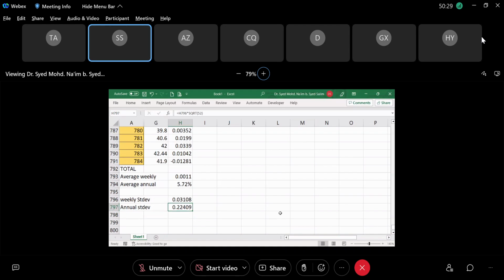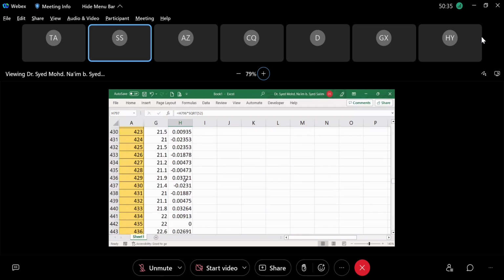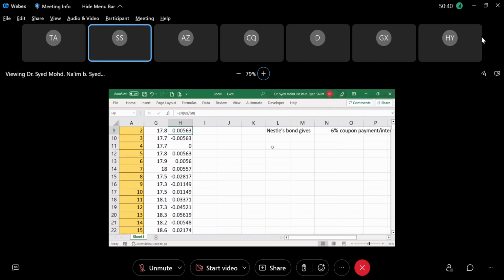Okay, and let's say that the strike price that Nestle intends. Let's go to the top here. So we have spot price, strike price.